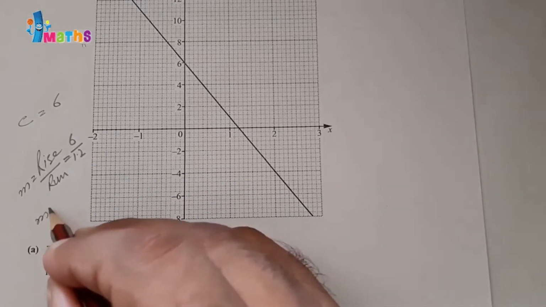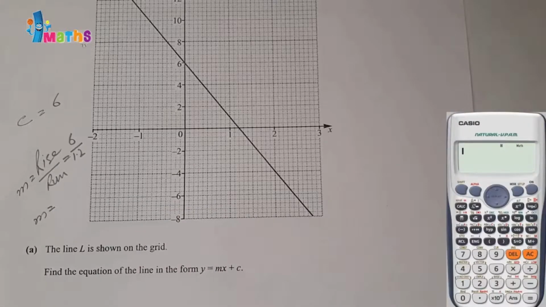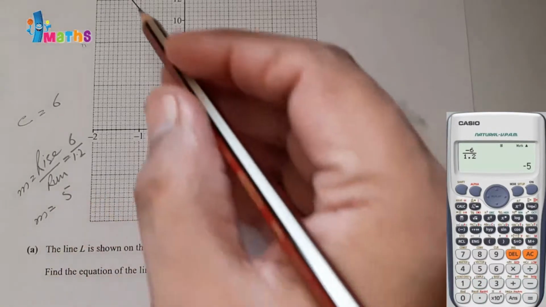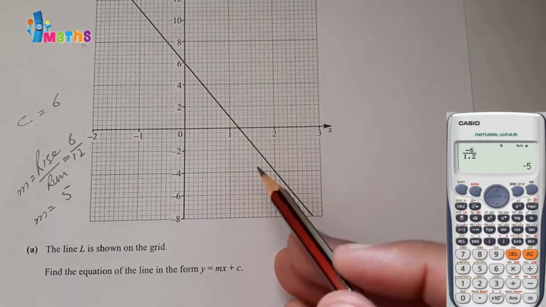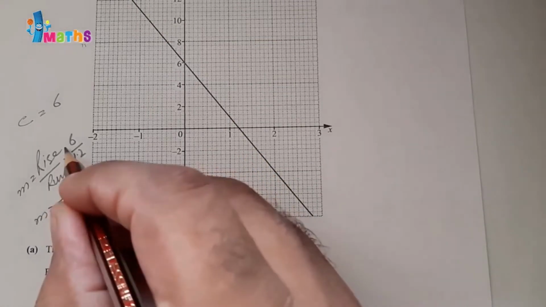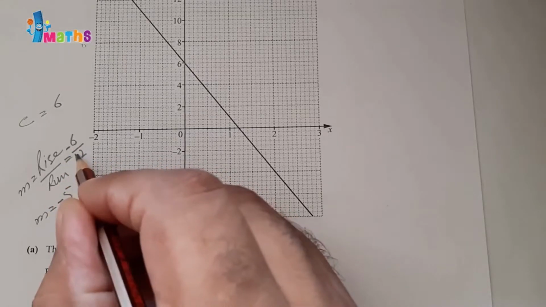We will calculate the value of m with the calculator: 6 divided by 1.2, which is equal to 5. So m will be 5, and we can see that the line is sloping down, so it will be minus 5. So we'll take minus 6 over 1.2.